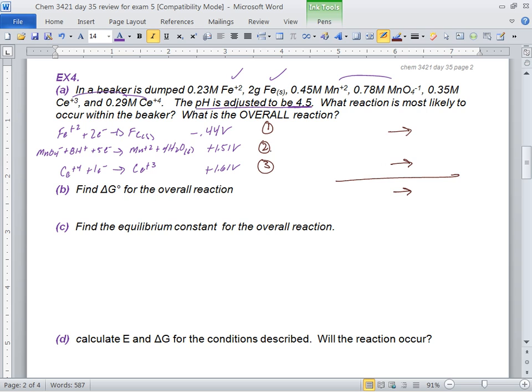There's a degree of spontaneity. Those equilibrium constants are going to be very small. You get a very small amount of product. But this one, you can get a huge amount of product because the E0 is so positive. So 1 and 3, but flip number 1.